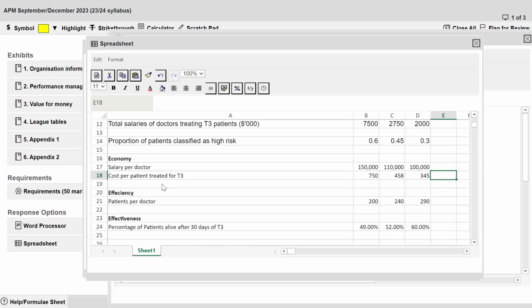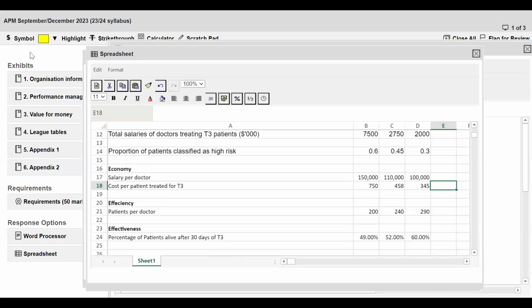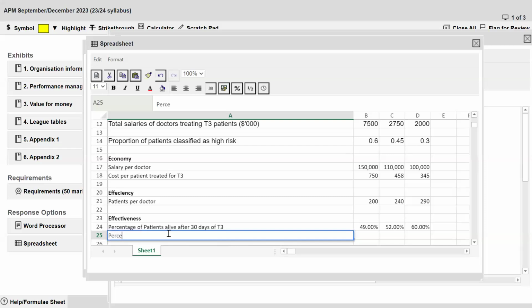Can you think of any other measures? Proportion of patients classified as high risk: you could also calculate the percentage of high risk patients.